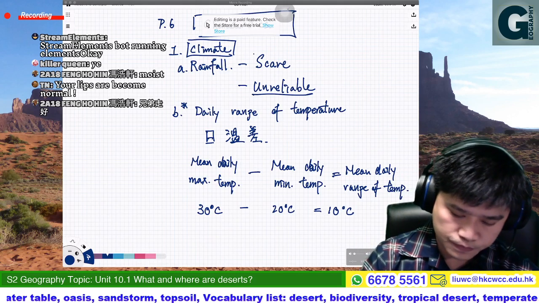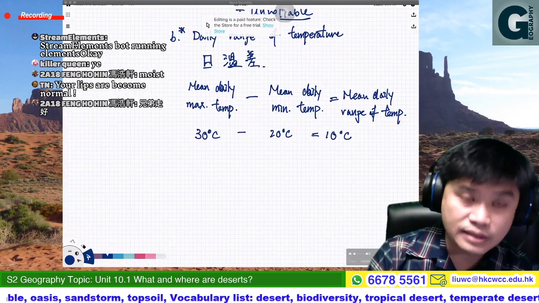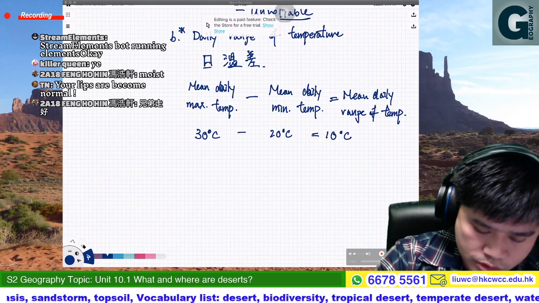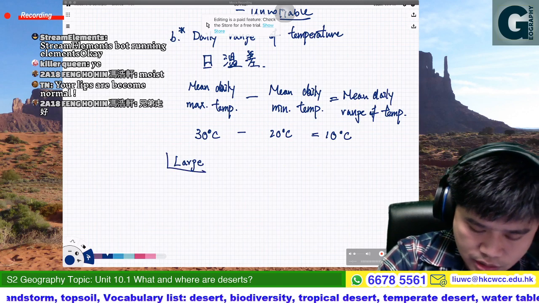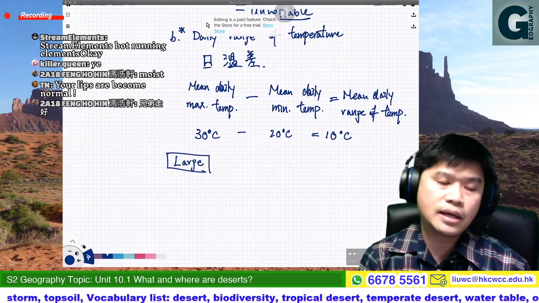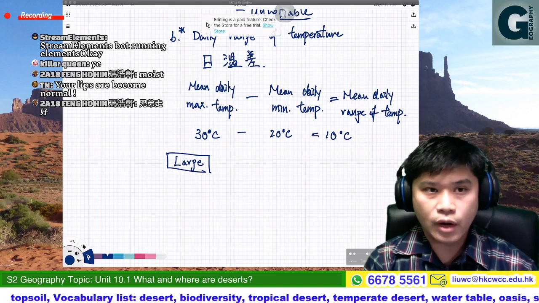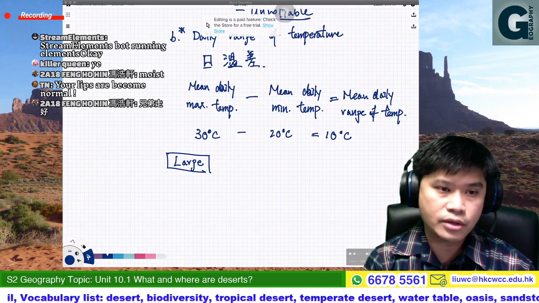So how do we describe the daily range of temperature in the desert? We would use this word: large. Large daily range of temperature. Why could it be a large daily range of temperature?